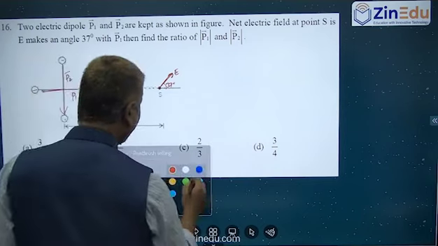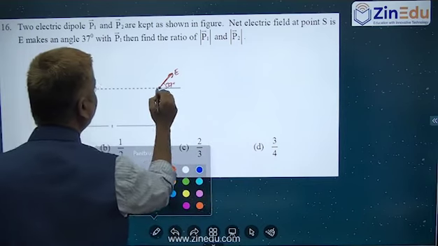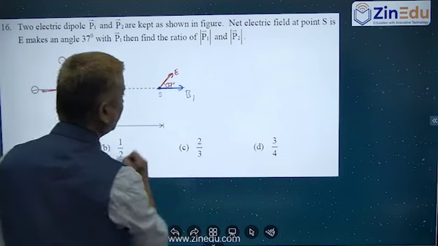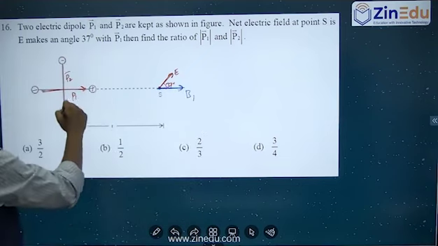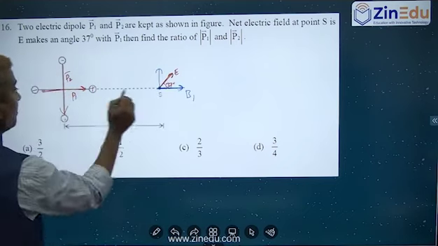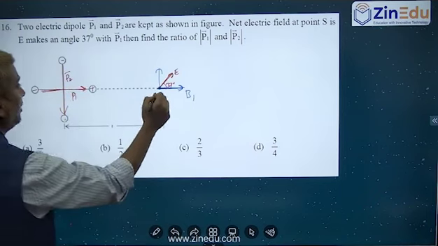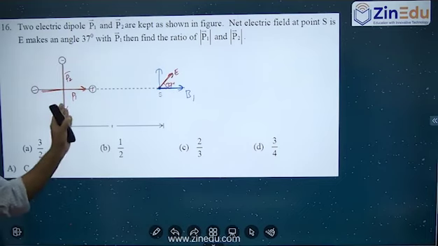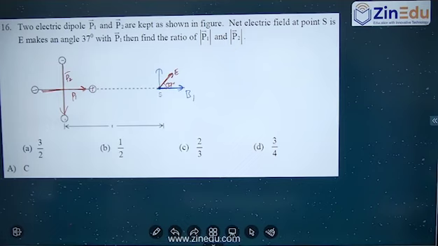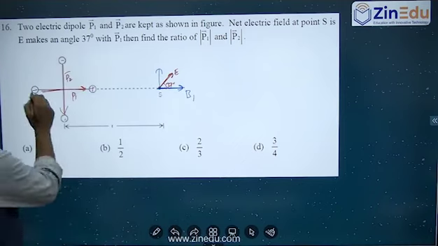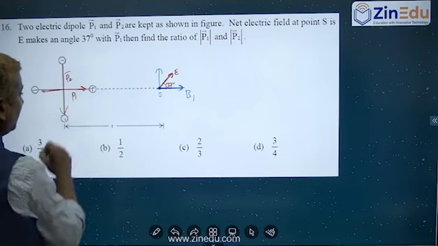Because of P1 bar, you get a field E1, and because of P2 bar, you get a field in the opposite direction. Sorry, it's the electric dipole moment, not the magnetic moment, and the electric field, not the magnetic field.